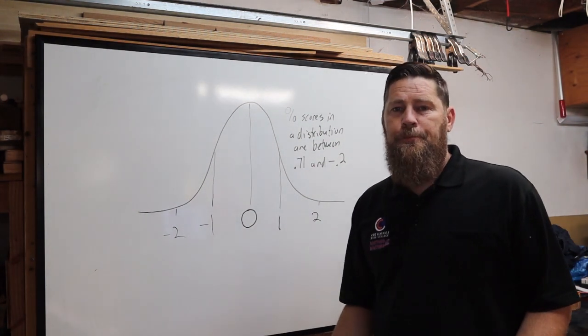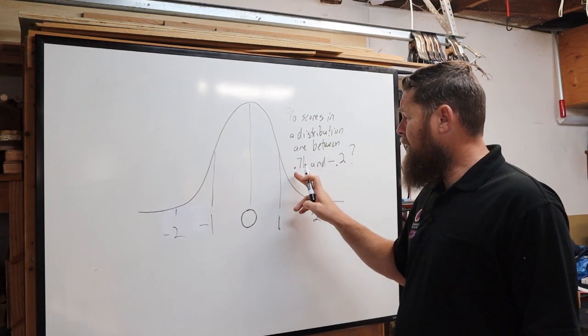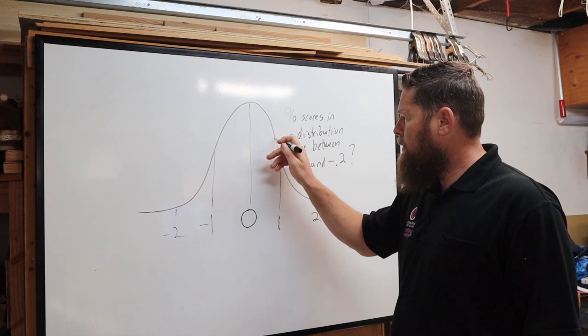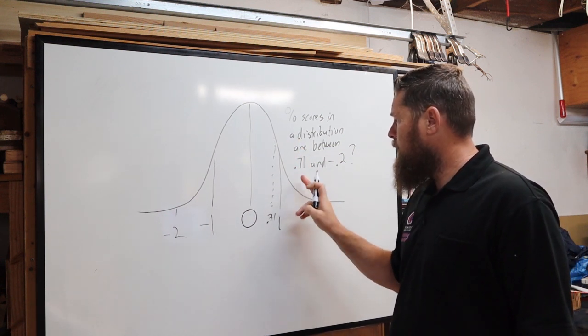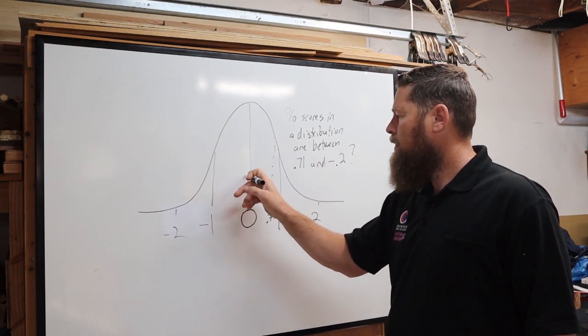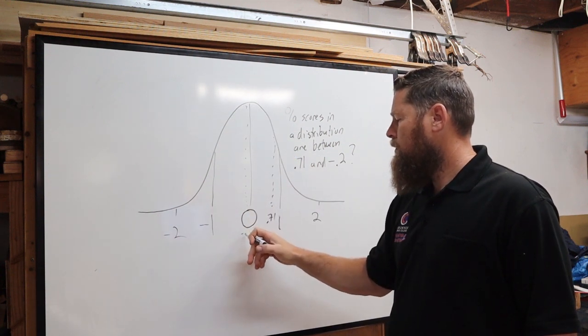How would you figure that out? The first thing to do is to find where these Z-scores are. So 0.71 is probably right here, 0.71 Z-score, and a -0.2 is just right here. So -0.2.